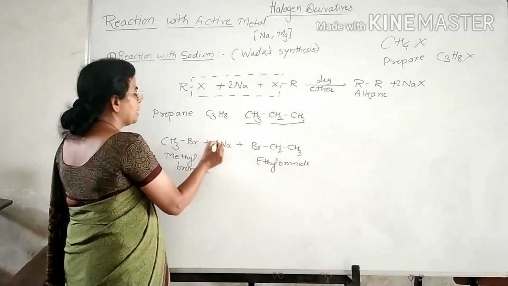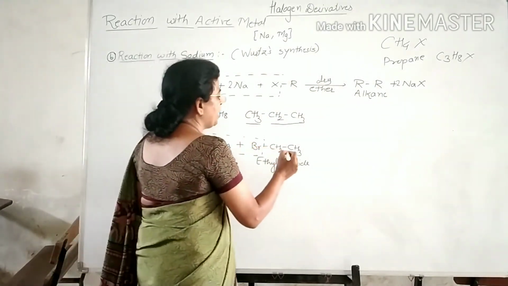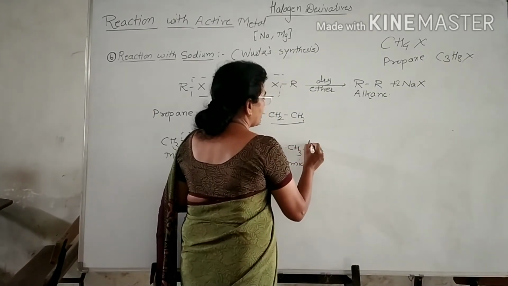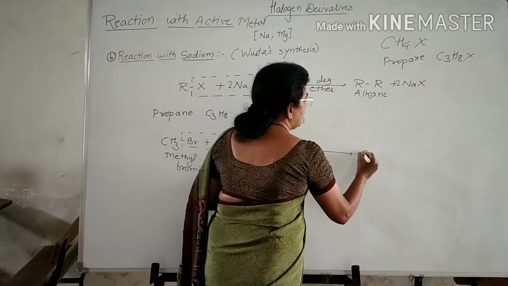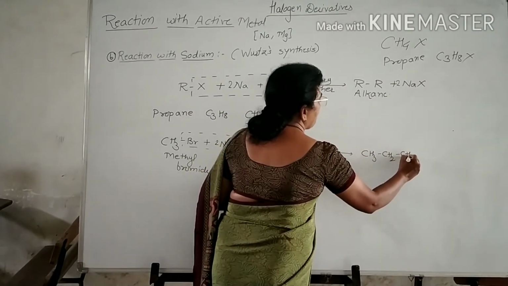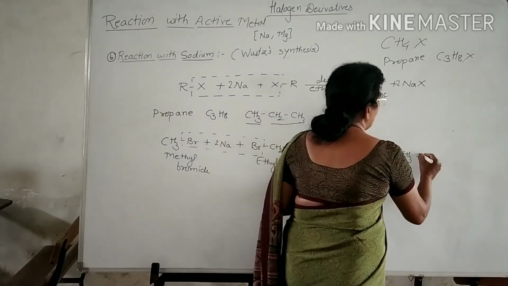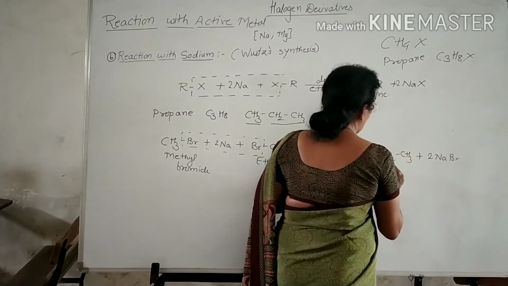Now what happens when this coupling takes place? We will get propane in presence of dry ether, CH3CH2CH3, plus 2NaBr. This is propane.